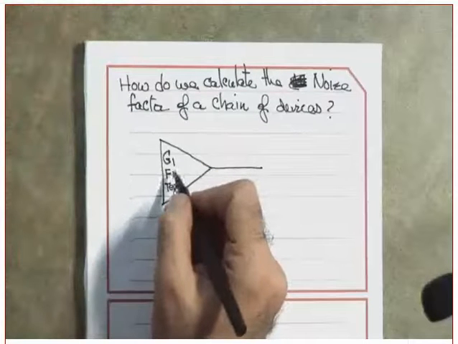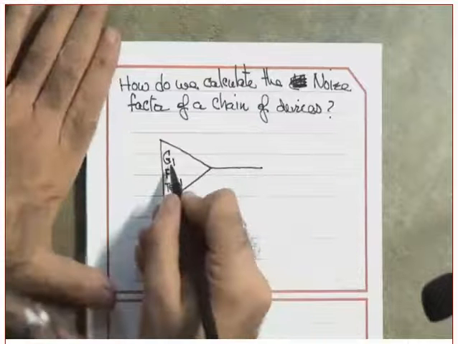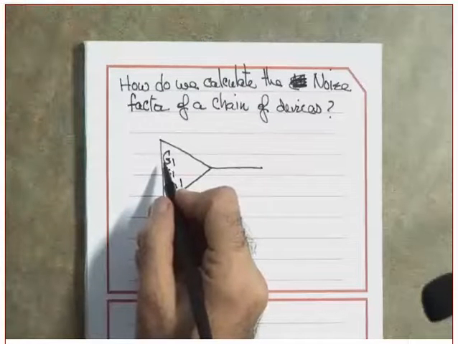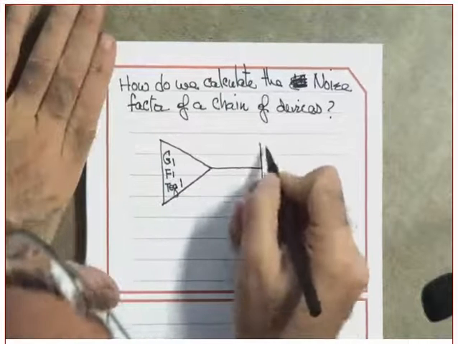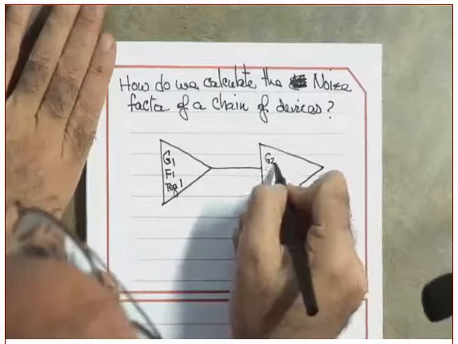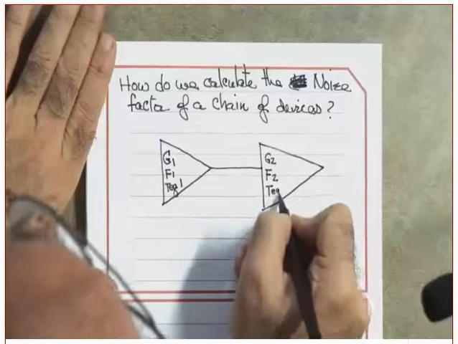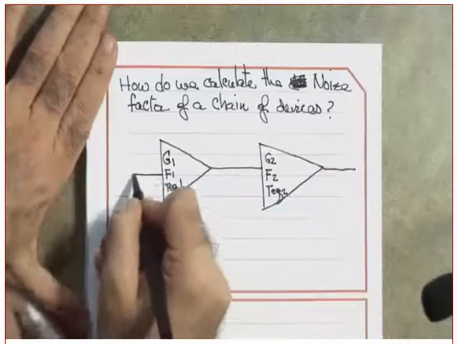It could be any device, a mixer or a filter or whatever. And this G1 could be higher than 1 or lower than 1. Clear? And I have another device, G2, F2, T equivalent 2. This is the output and this is the input.